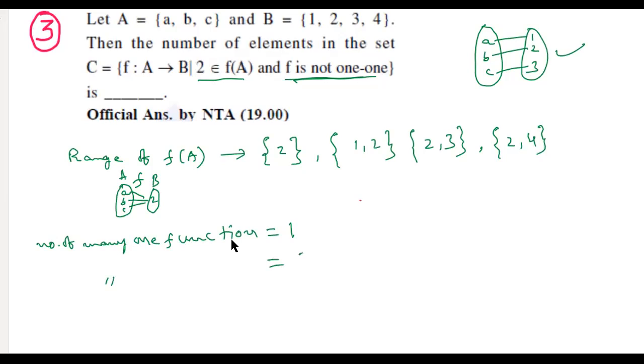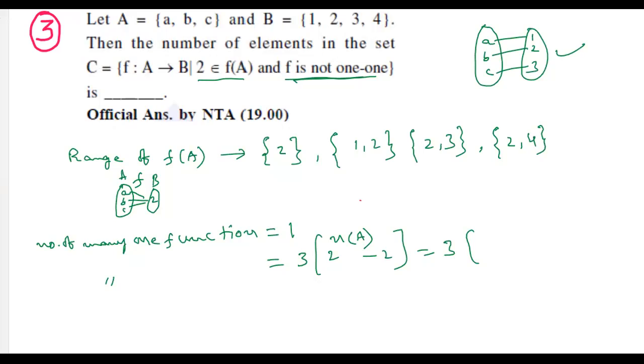There are three cases possible now. So f maps A to B is onto, meaning if n(B) has exactly two elements, this is the formula: 2 to the power n(A) minus 2, into 3, where n(A) is the number of elements in the set.